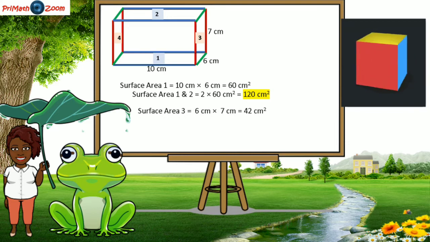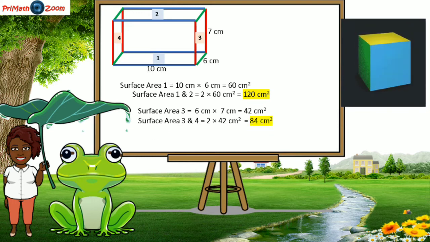So surface area for the face labeled 3 would be 6 centimeters multiplied by 7 centimeters, which would give us 42 squared centimeters. Let us look at how to find the total surface area for these two faces. So we're going to find the surface area for these two faces by multiplying the area for one face by 2. And this will be 2 multiplied by 42 squared centimeters, which would give us 84 squared centimeters.